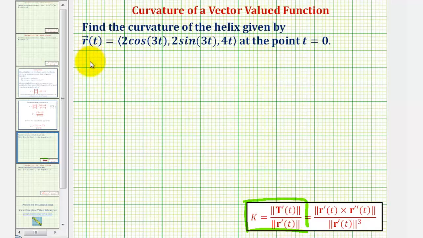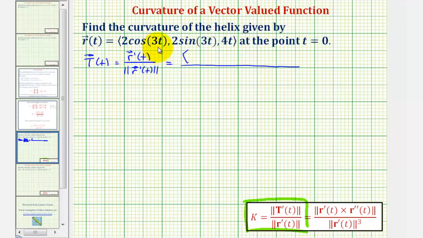We'll begin by determining the unit tangent vector valued function, T of t, which is equal to r prime of t divided by the magnitude of r prime of t. After we determine this vector valued function, we'll determine its derivative. So the x-component of r prime of t would be the derivative of 2 cosine 3t.